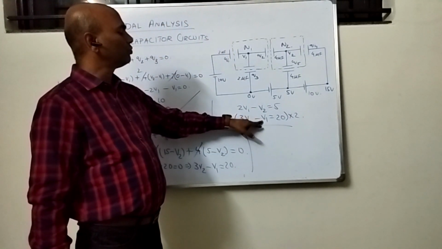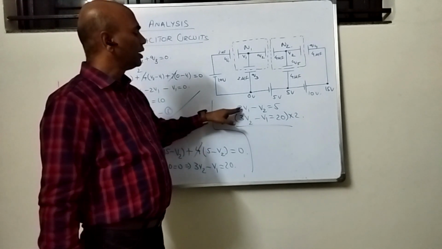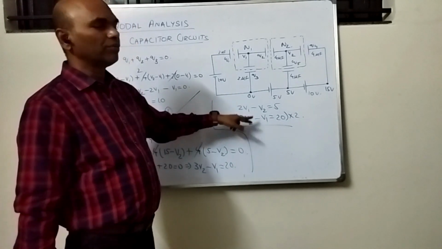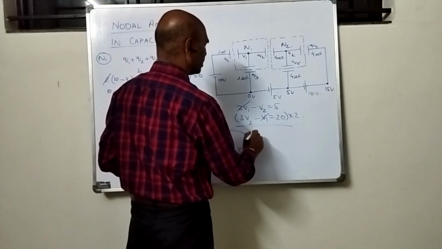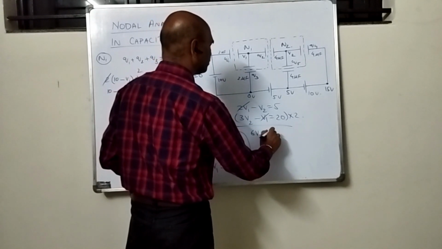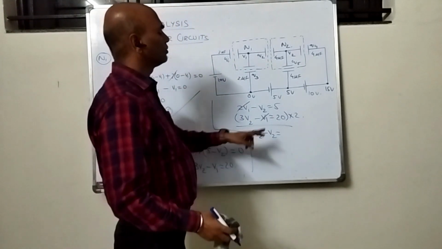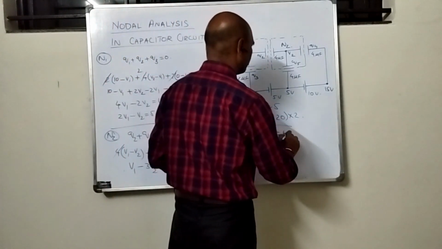So it becomes 2V2 here with the minus sign and 2V1 here with minus sign and 2V1 here with plus sign. So when we add, these two terms cancel, so that after cancellation I get this is 2 into 3, 6V2 minus V2 is equal to addition here 2 into 20, 40, 40 and 5, 45.